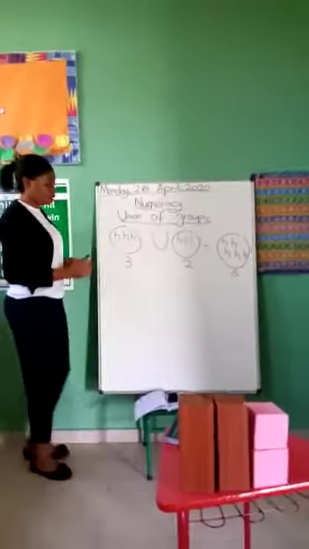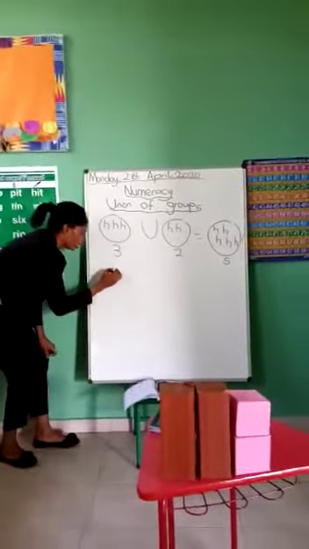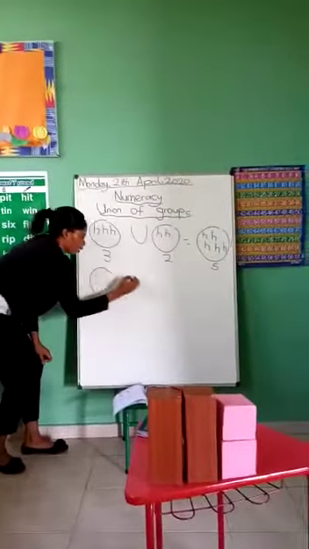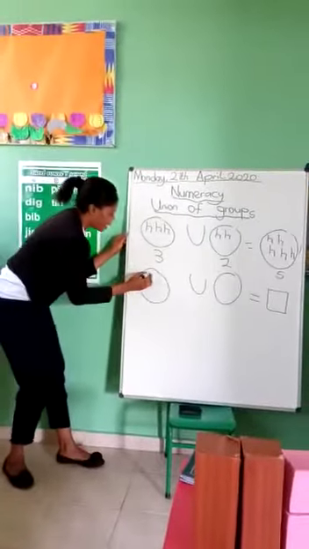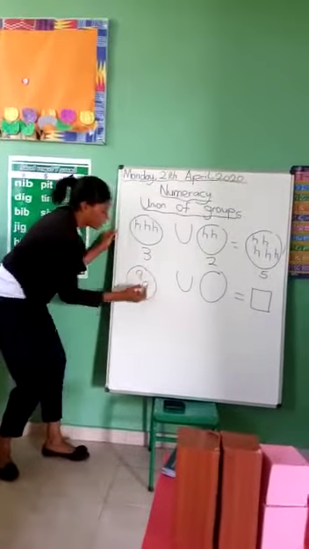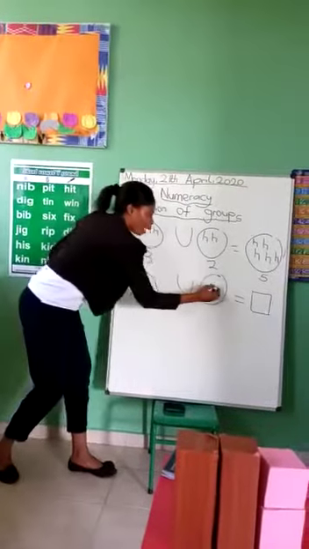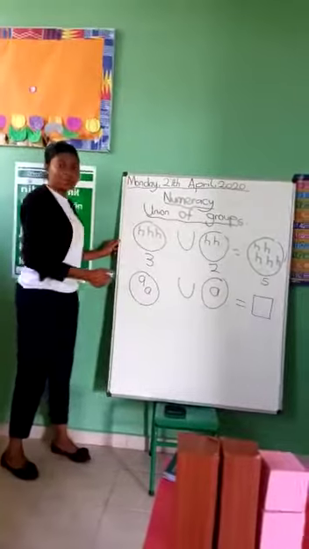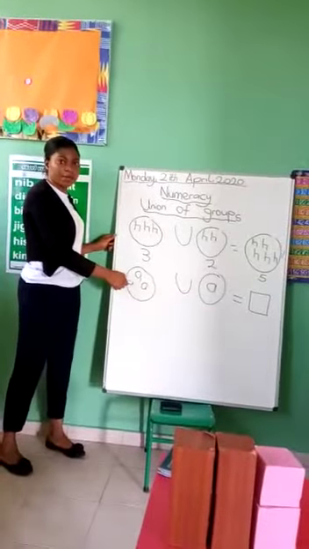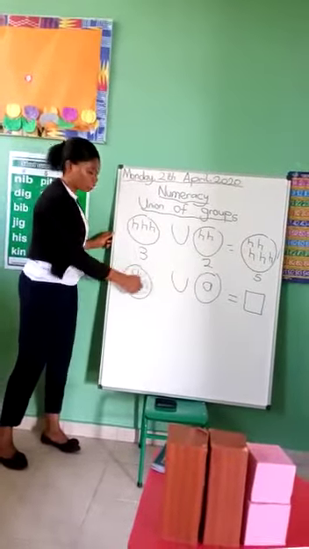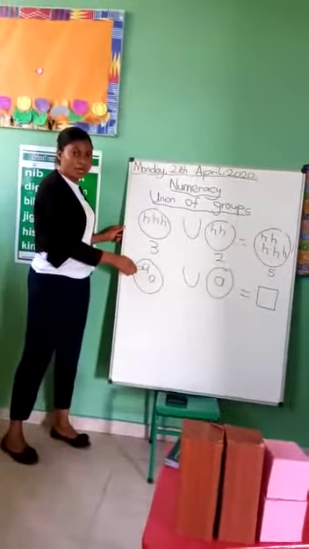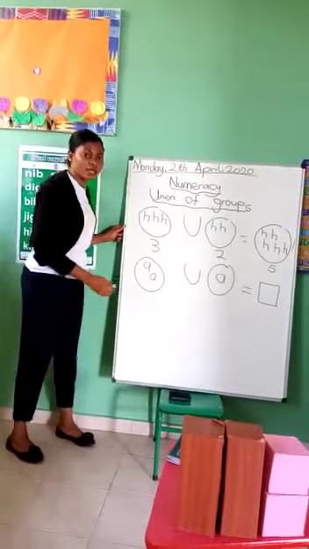Very good. Now let's look at another example here. So if I have 2 Rs here and I have 1 R here, help me count the number of objects in this group. 1, 2. How many? 2.